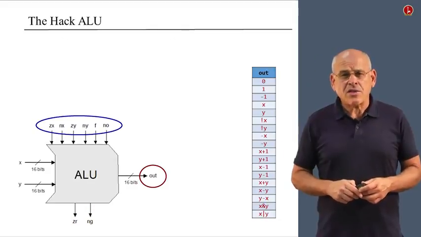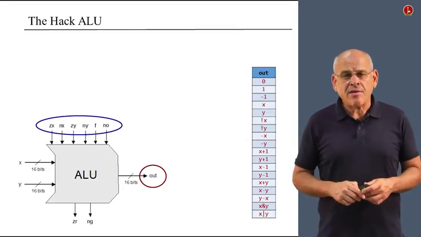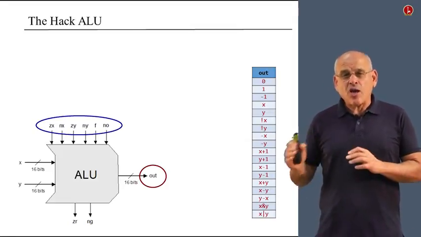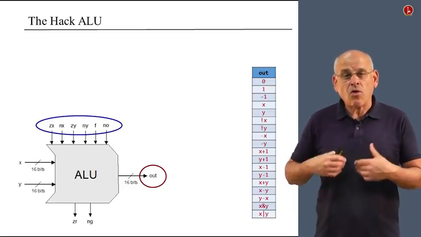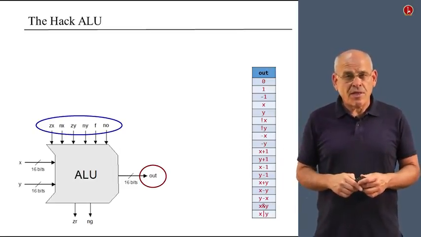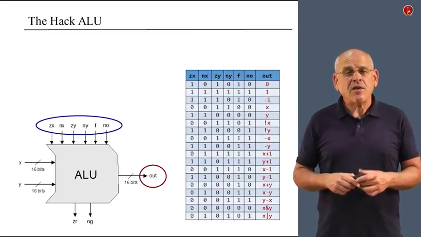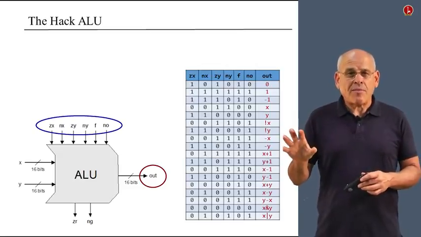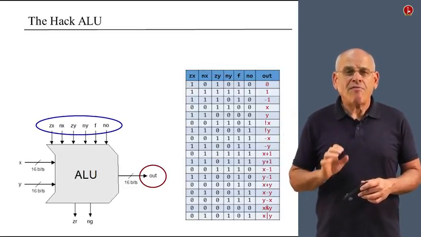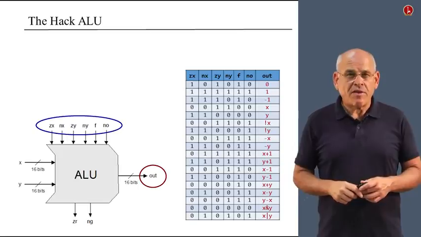The role of these two control bits and the reason for these names will become clear later in the unit. All right, so let's move on and focus on the output of the ALU from one side and the control bits that cause the ALU to compute these outputs. And they cause it using this truth table. This truth table gives you a complete functional specification of this ALU.